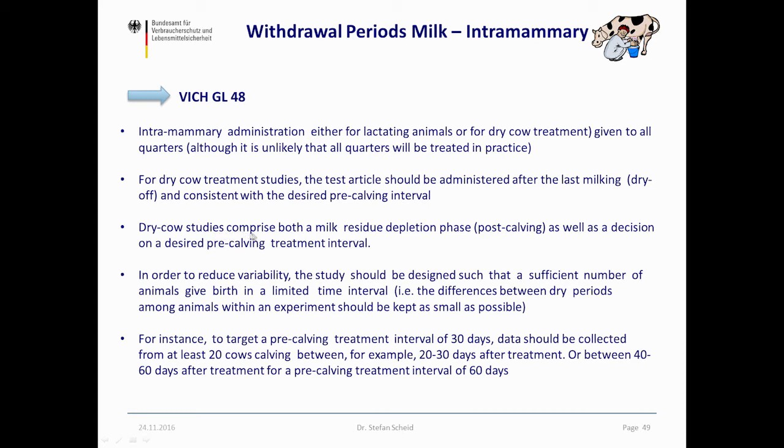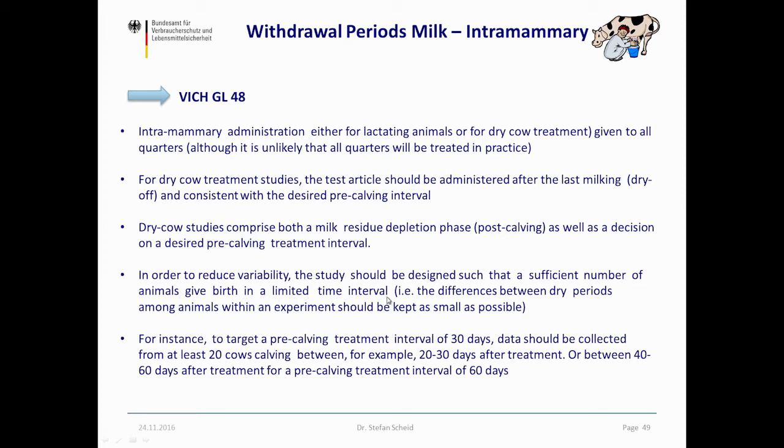So for dry cow studies, there is a residue depletion phase post-calving and a phase pre-calving. And in order to reduce variability, the study should be designed such that a sufficient number of animals give birth in a limited time interval.